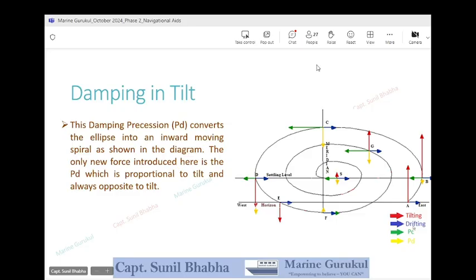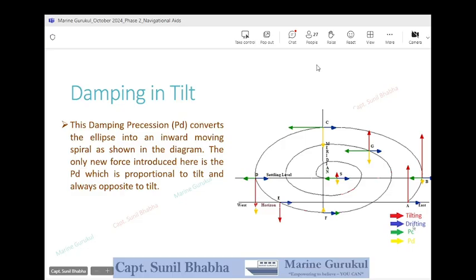Now in this diagram, you see four total forces are there, which we just now discussed. That is tilting, drifting, control precession, and damping precession. So we have added up only one new force here, which is the damping precession.